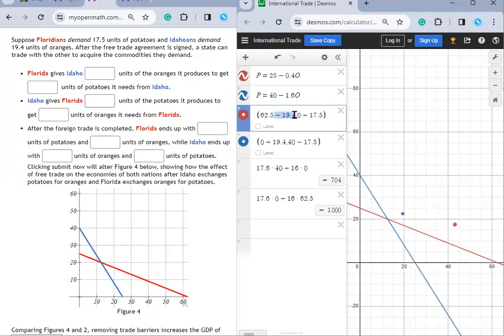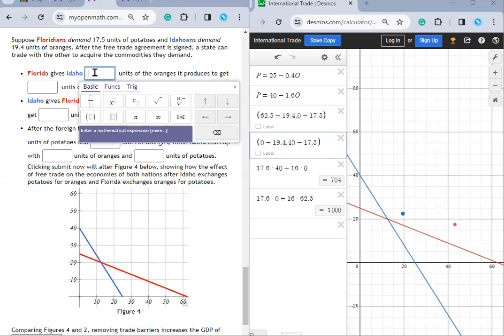So Florida gives up 19.4 of its superabundance in oranges so it can get 17.5 potatoes. Idaho gives up 17.5 of those potatoes from its superabundance in potatoes to get the 19.4 oranges Idahoans demand, right?